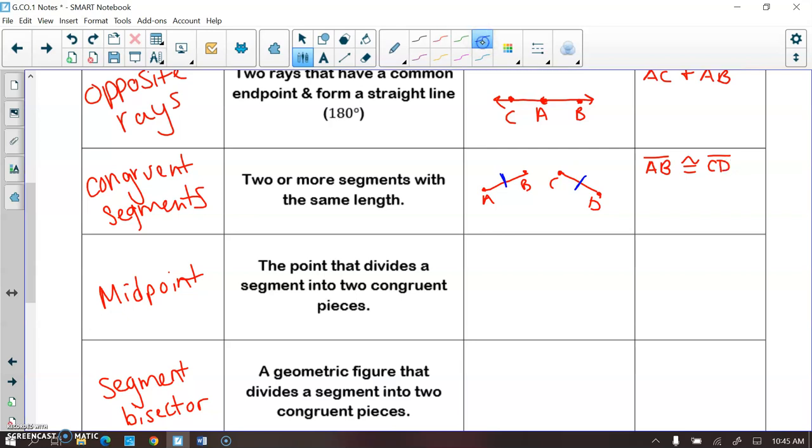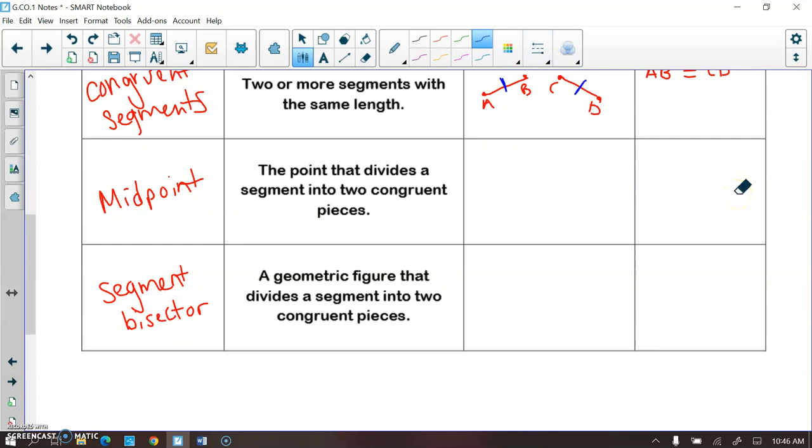We use the congruent symbol when we're talking about the two segments being visibly congruent. We would first need to say that they're congruent before saying equal. Equal means that they have equal lengths. We're talking about the measures, so the measures are equal. We'll get to that later, but for right now, this is just the congruent symbol.